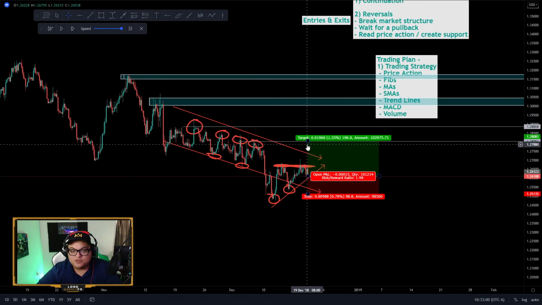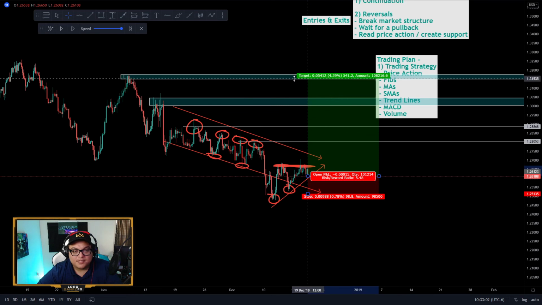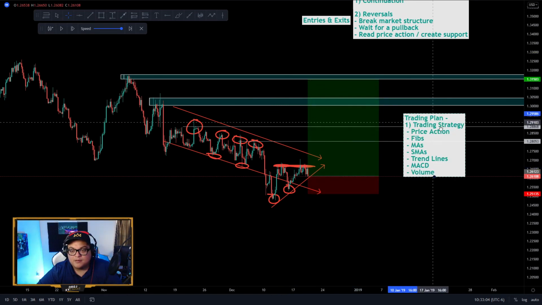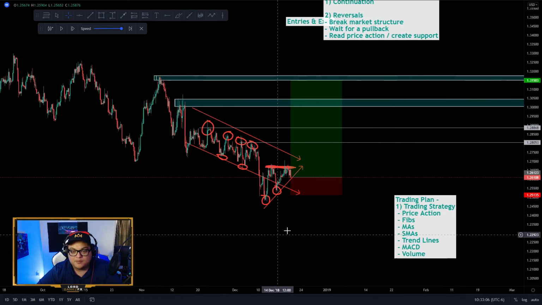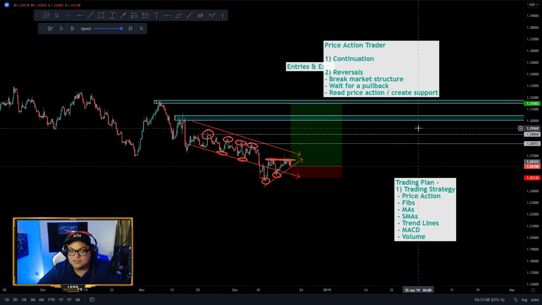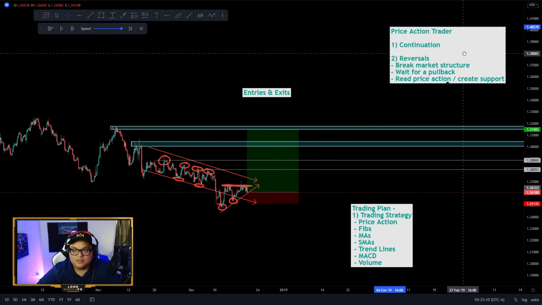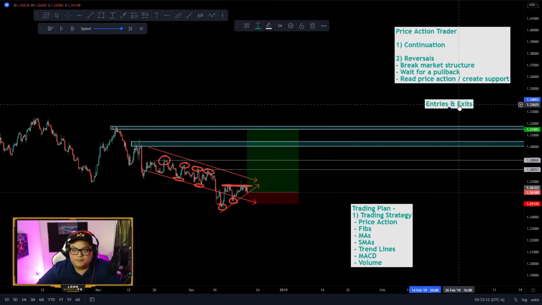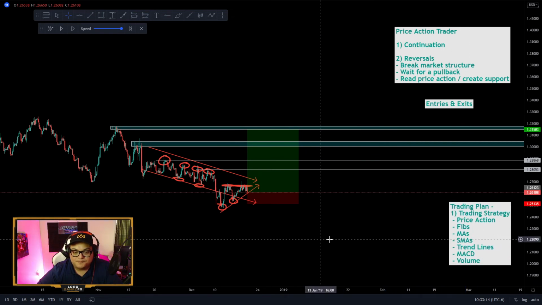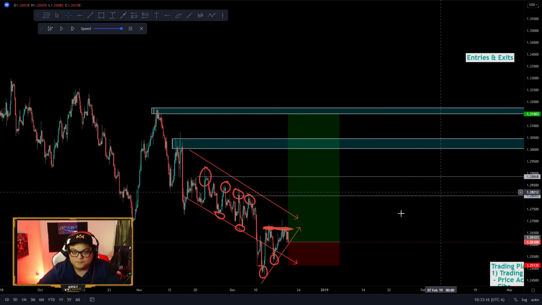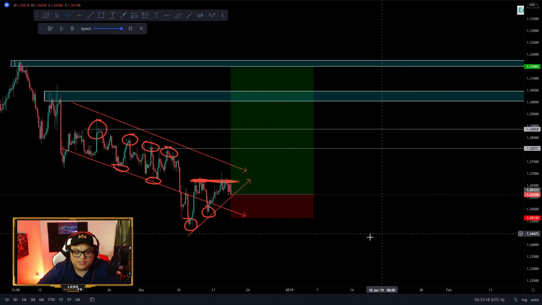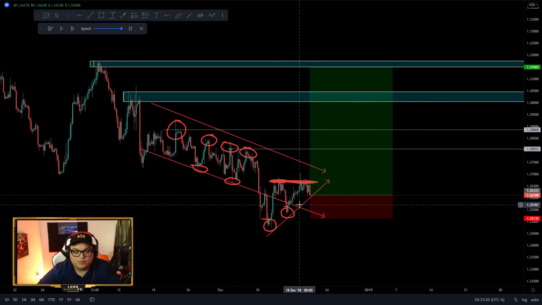And at these levels, what you want to do is just read price action, see what's happening, right? Let me move this stuff out the way so you guys can see how it's going to play out. So let's see. This is where I would like to enter, and this is based on pure price action.